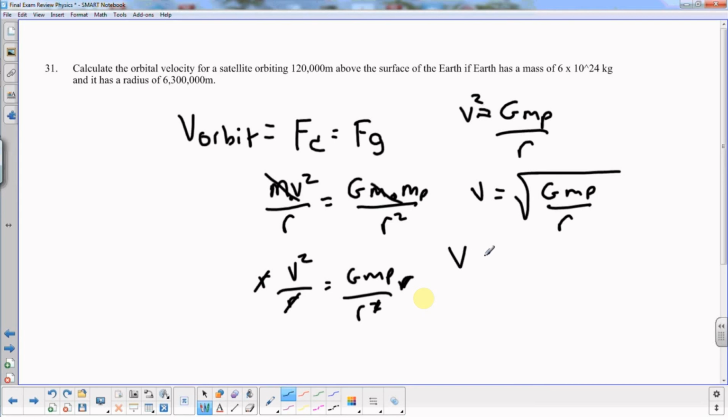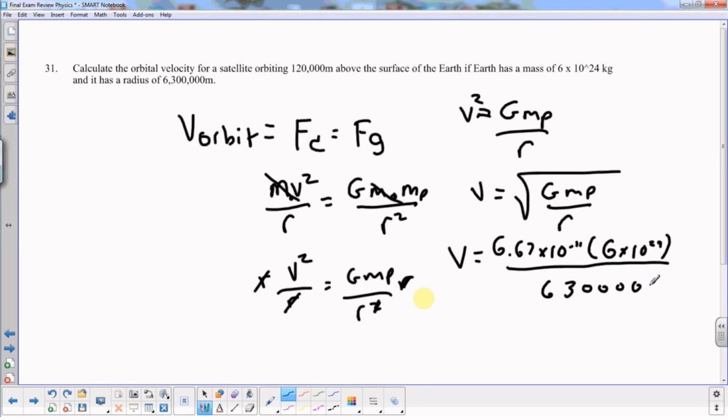6.67 times 10 to the negative 11 times the mass of the planet, 6 times 10 to 24, all over 6,300,000. Take the square root of that whole thing. But it can't be that simple, because you have to add another 120,000 meters above it.